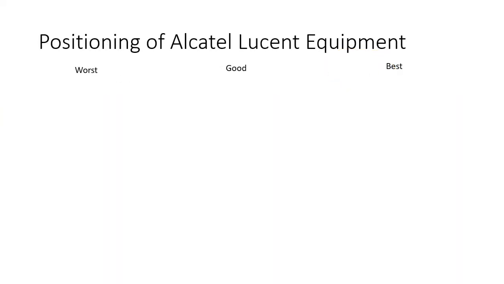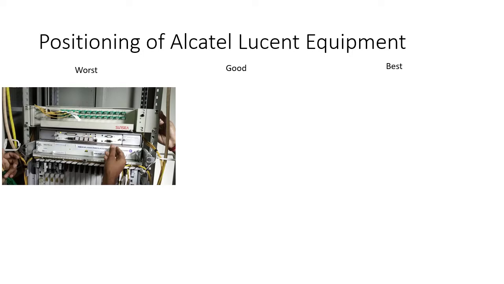In the previous slide, we have seen how the short cycling is happening in the Alcatel Lucent equipment. If you see the photographs, this is the worst kind of installation. Why? Because hot air which ideally has to travel up is not traveling upward.